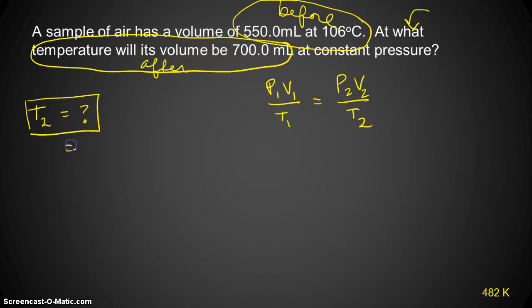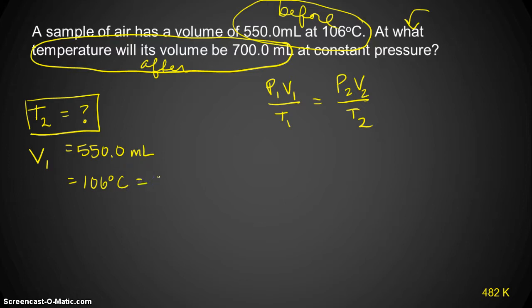And then for all the other numbers, I'm simply going to list them and identify their variables. So the first one is 550.0 milliliters. Milliliters is a volume, and it's part of my before condition, so that's volume 1. I have 106 degrees Celsius, but I can't leave it in Celsius. I have to convert it to Kelvin.